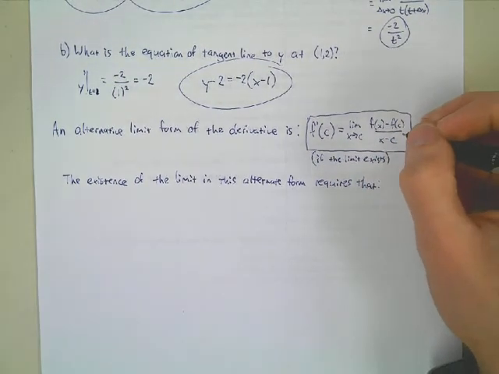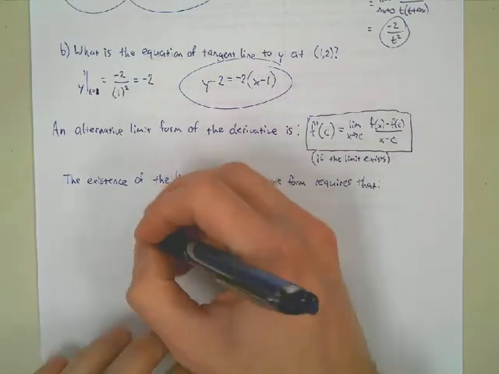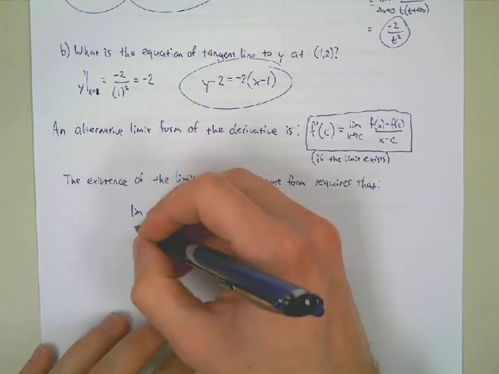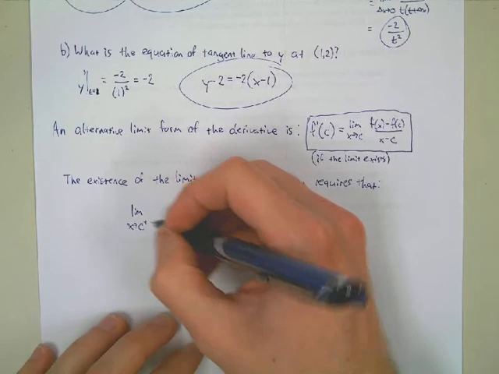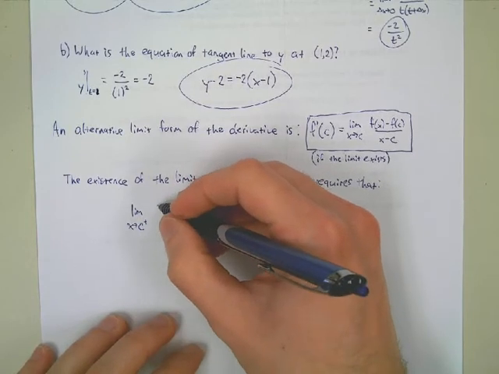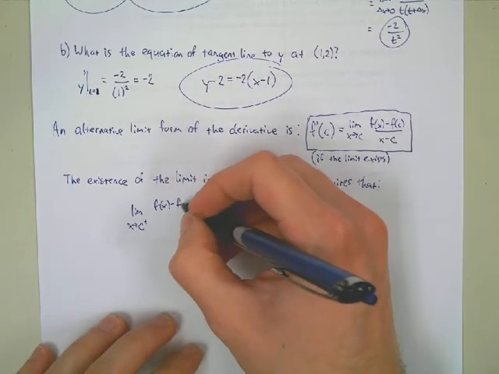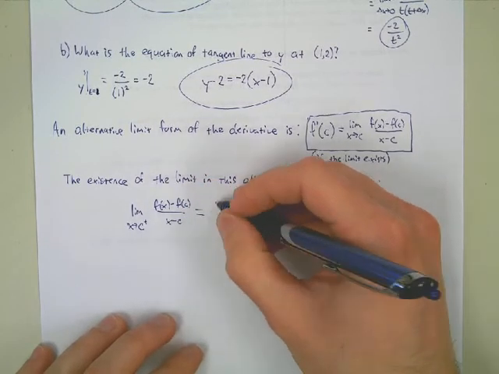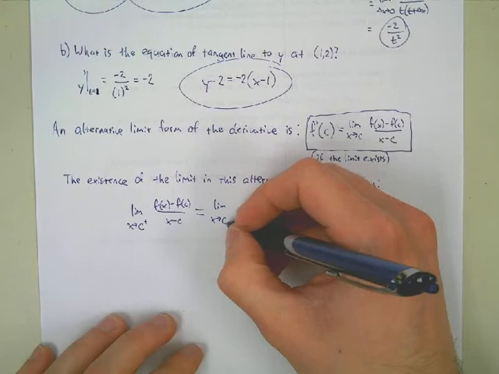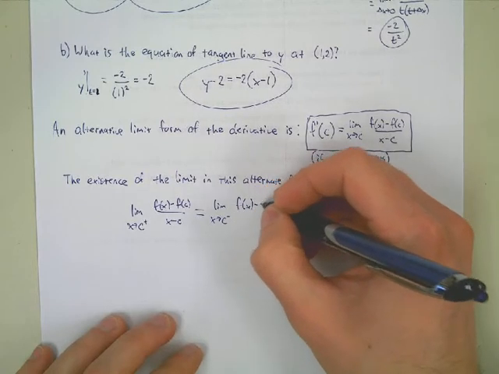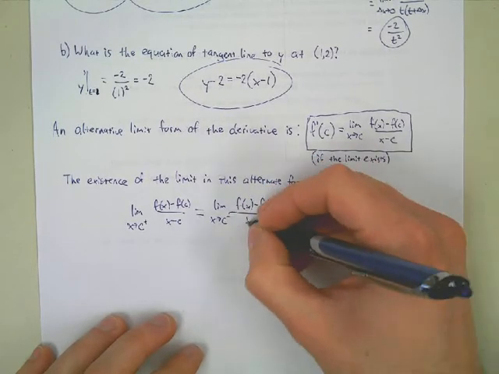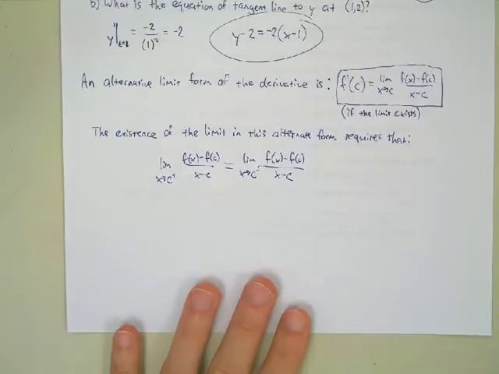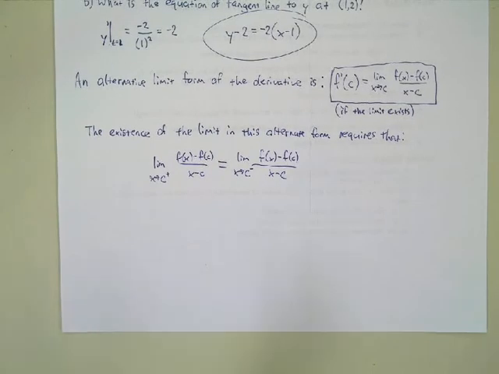So the limit as x approaches c from the right of f of x minus f of c over x minus c needs to equal the limit as x approaches c from the left of f of x minus f of c over x minus c. Right? Which is like not that mind-blowing of a concept, right? It's just something you have to keep an eye out for. The left-hand limit and the right-hand limit of that derivative definition there need to be the same. And they should be equal.